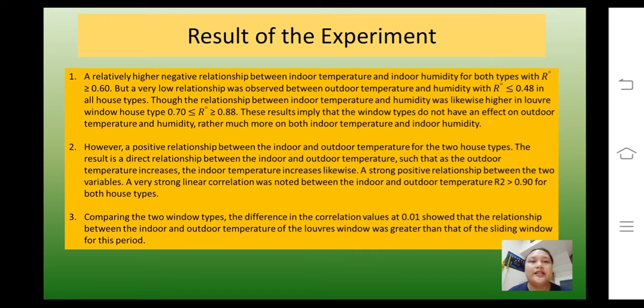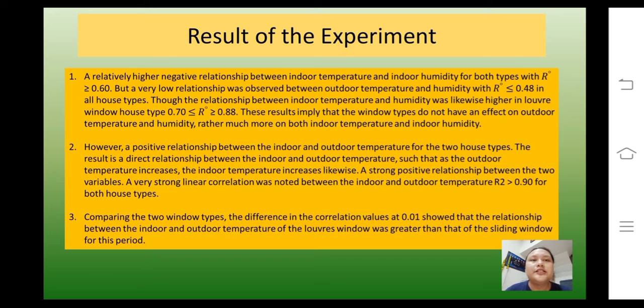A relatively higher negative relationship between indoor temperature and indoor humidity for both types with R squared more than 0.60, but a very low relationship was observed between outdoor temperature and humidity with R squared less than 0.48 in all house types.